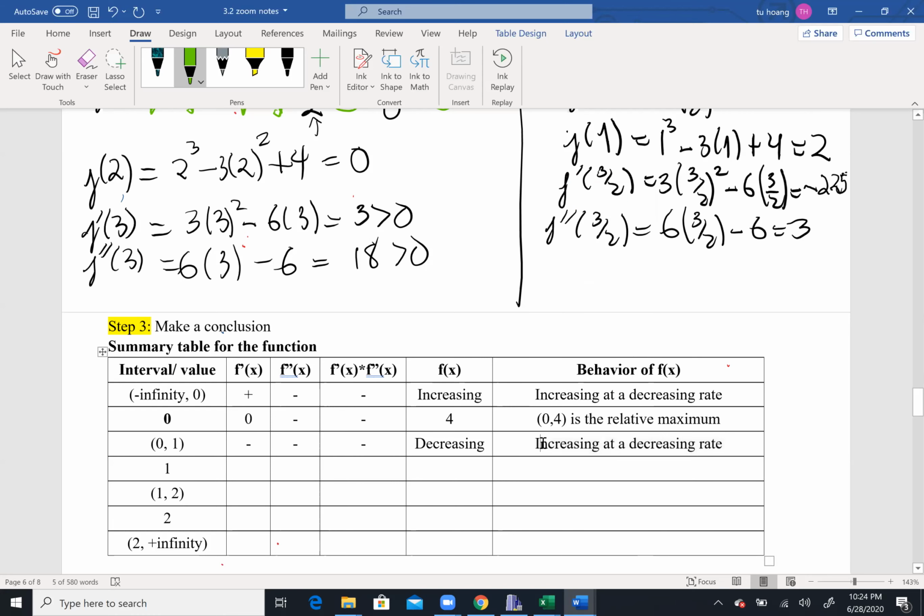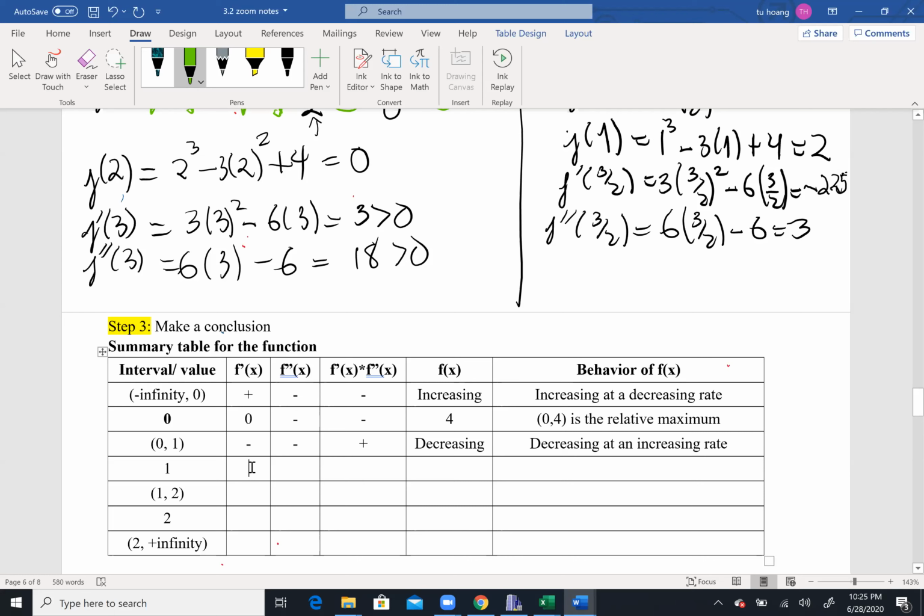I'm going to say decreasing, actually it has to be positive here because the product between negative and negative, at an increasing rate. See that?